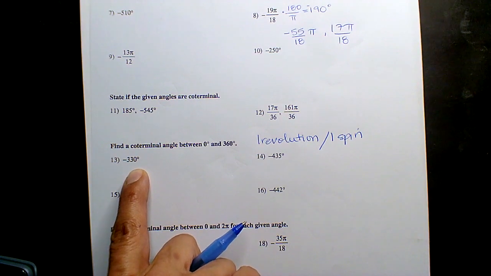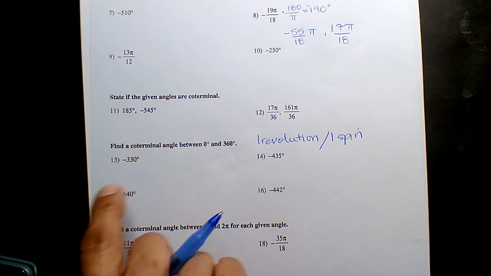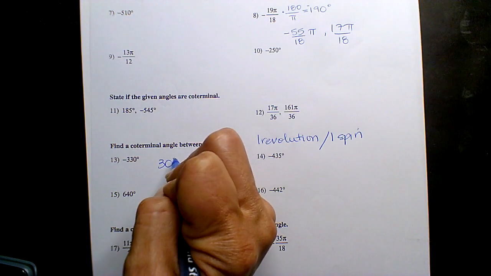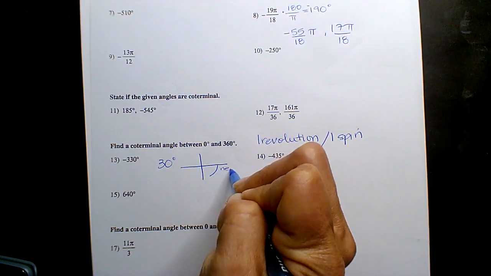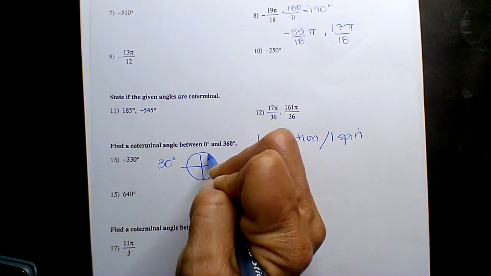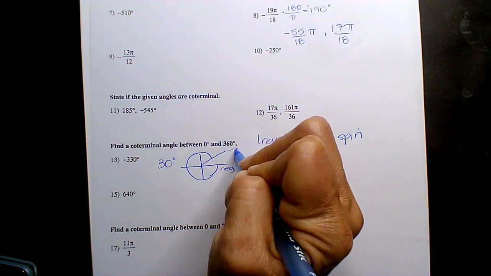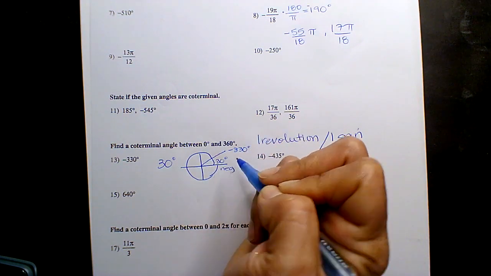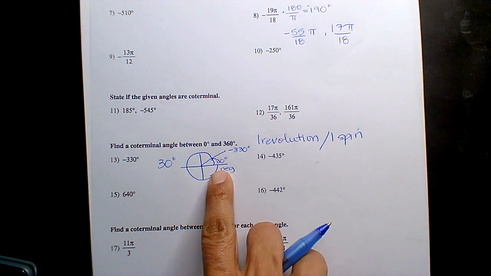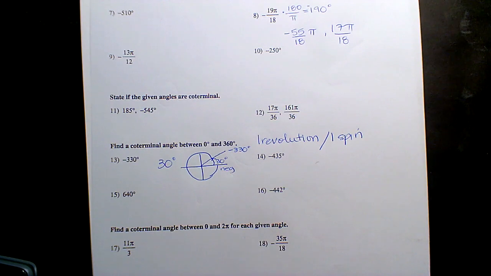Just think. 30. Right? So if they're giving you negative 330 degrees, then the rest of it to complete it is positive 30, because 360 is the revolution, right?